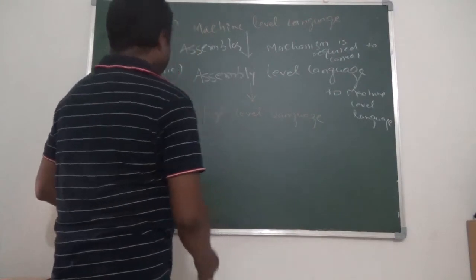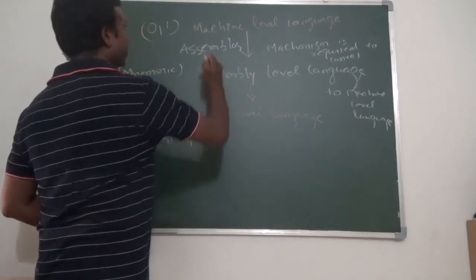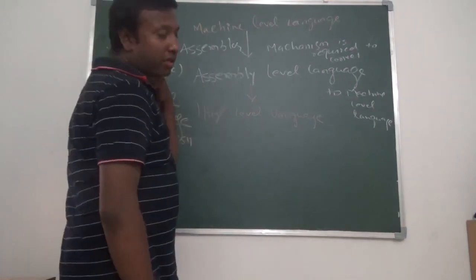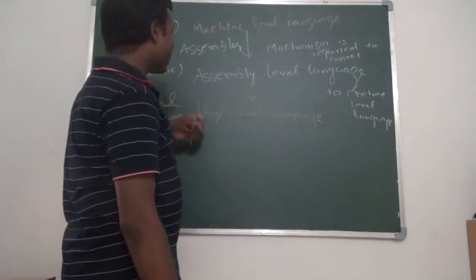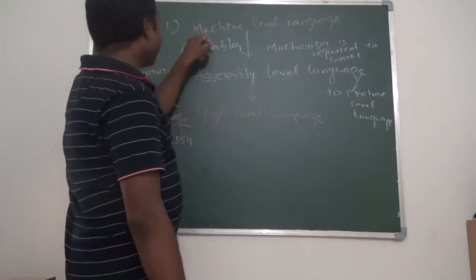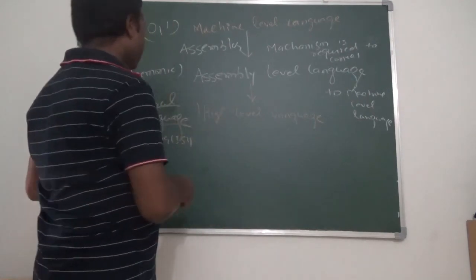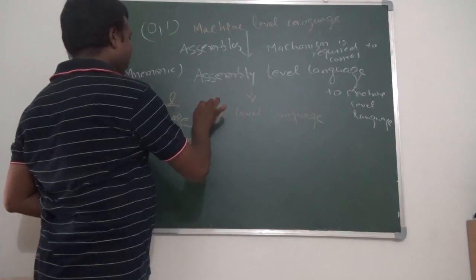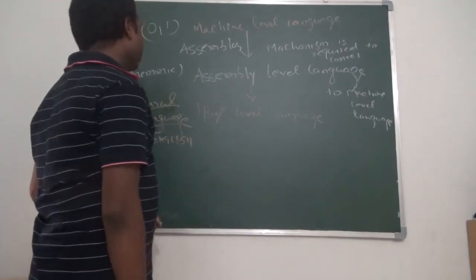So, this high level language must be converted into the machine level language, because if we are writing everything in the high level language, that cannot be understood by the machine. Machine must understand only the machine level language. So there are two ways. Either we go and convert it directly into the machine level language. That might be one solution.